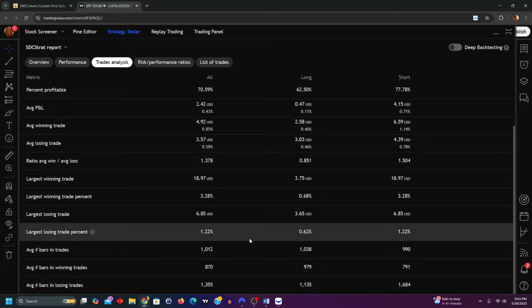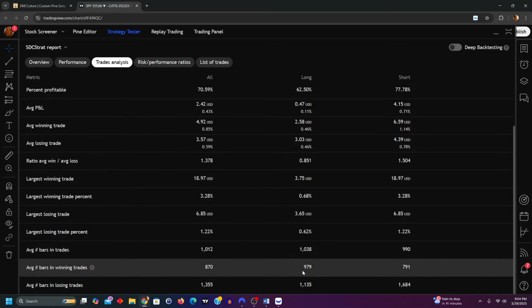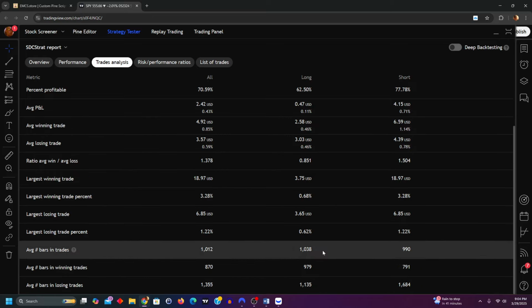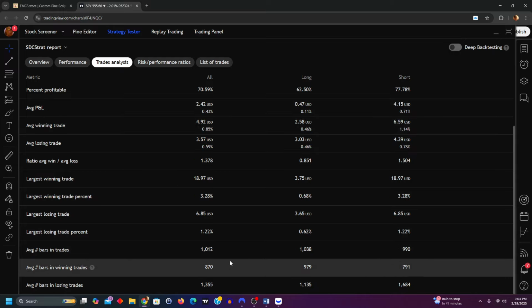And so the average number of bars in trades is about 1,000. So the average is a little bit more than one day. On the long side, you can see it's a little over 1,000. On the short side, it's a little under 1,000, right?